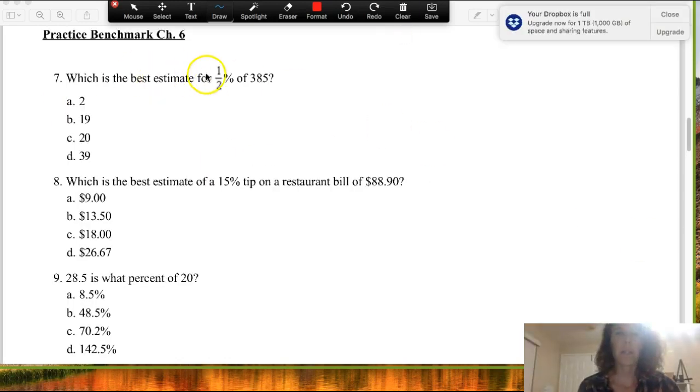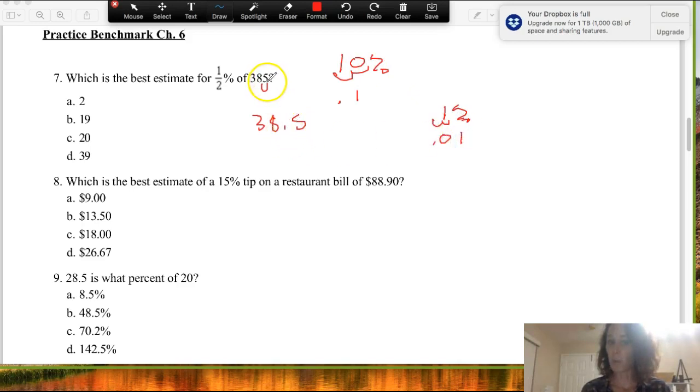All right, which is the best estimate for 0.5% of 385? Well, let's think about 10%. If I want 10%, if I move that to a decimal, it's 0.1. So basically I move over 1 decimal place. So 38.5 would be 10%. 1%, if you change that to a decimal, it's 0.01, which means I would move the decimal over 2 decimal places.